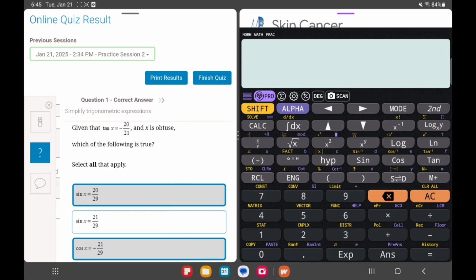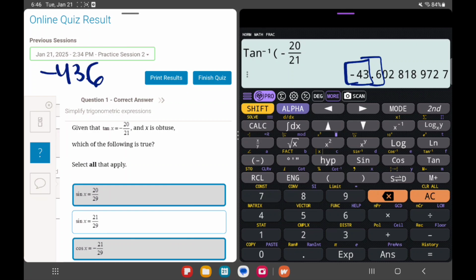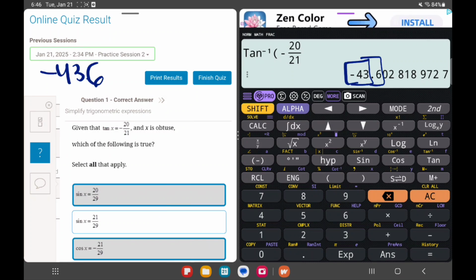So let's do shift tangent, 20 over 21, and it's negative. Let's not forget that. So we get negative 43.6. Okay, let's remember that value. I'll write it here, negative 43.6. Please remember it, because I have to erase everything.